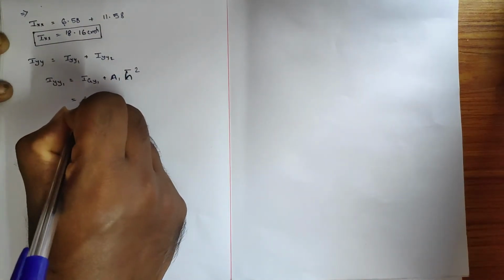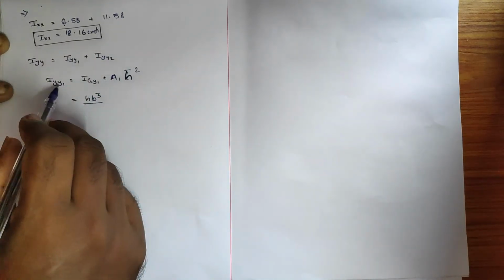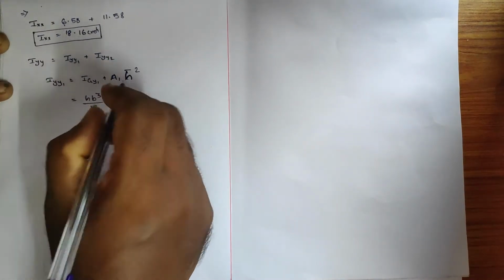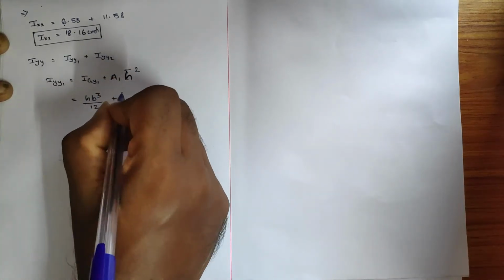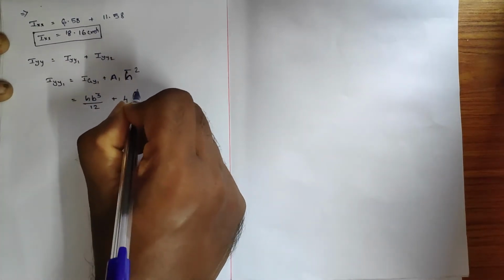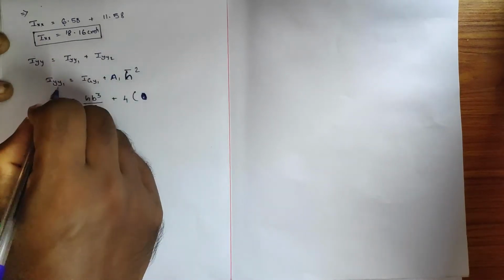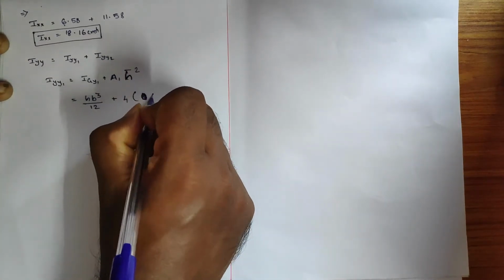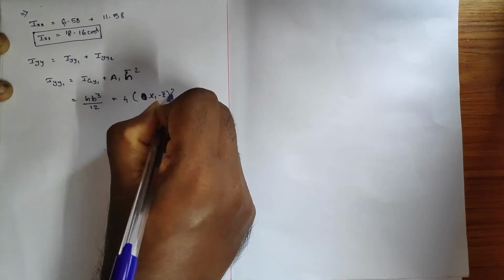IGY here is HB cube divided by 12, since it is a rectangle, for Y. Plus area A1 into the perpendicular distance, X1 minus X bar the whole square.